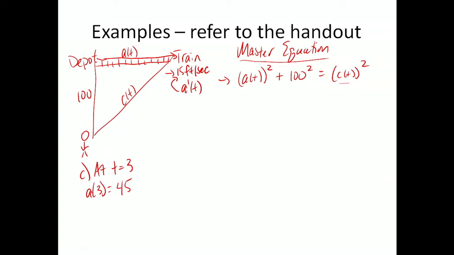Oh, but I always know, right? My master equation is always true. If you give me the length of A squared plus 100 squared, that will equal the length of C squared. So using the Pythagorean theorem, or using my master equation, I know that 45 squared plus 100 squared equals C squared at this specific moment in time, right?